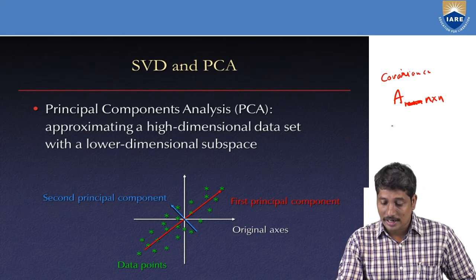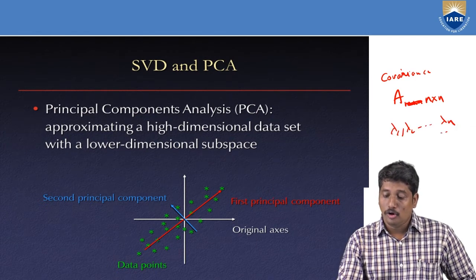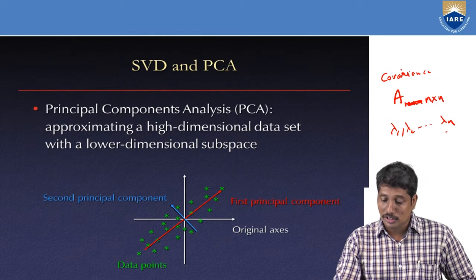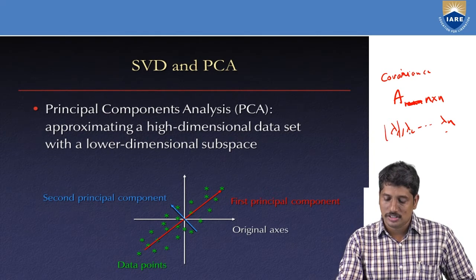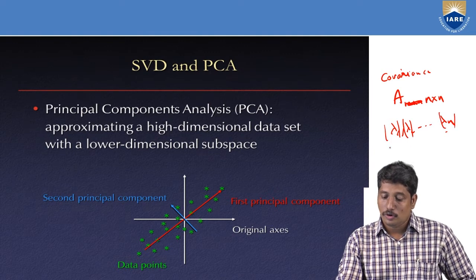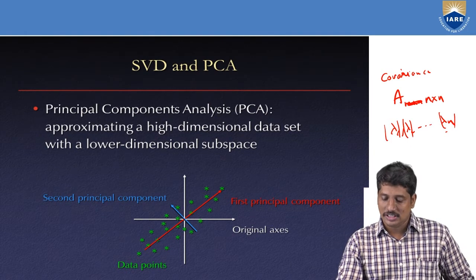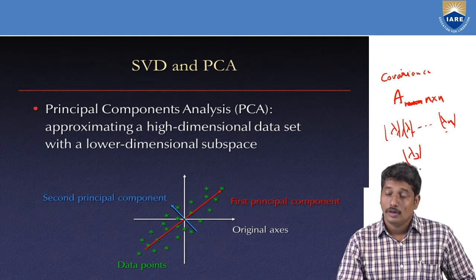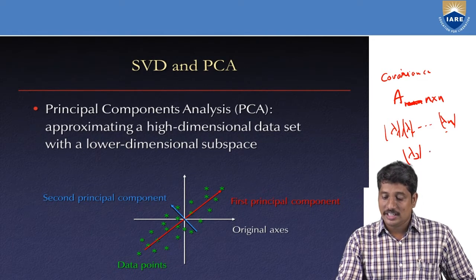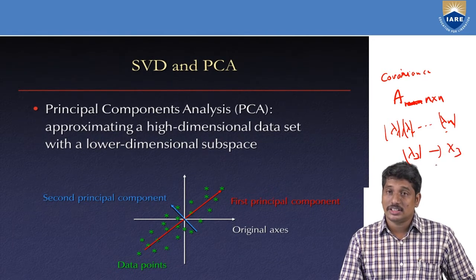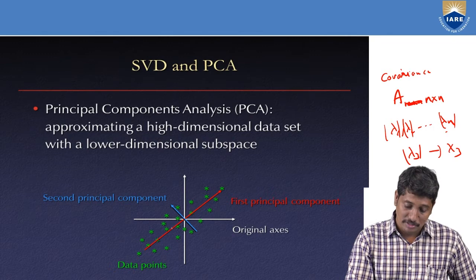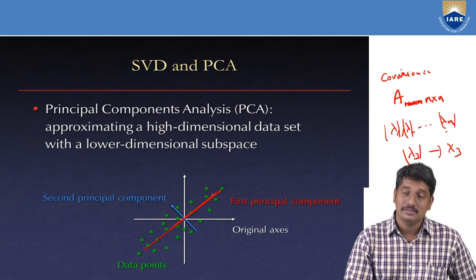So it will have n eigenvalues, lambda 1, lambda 2, so on, lambda n. Among these eigenvalues, one will be the largest in absolute value. If you take the modulus of each eigenvalue, one of these will be the largest, say lambda 3. The corresponding eigenvector, say x3, gives us the principal direction, which is represented by this red line.